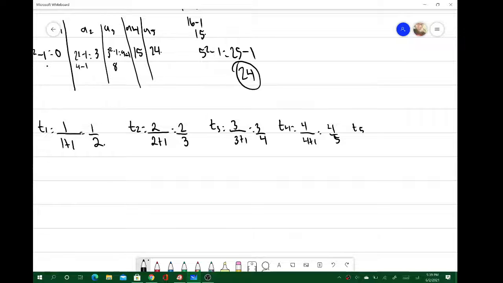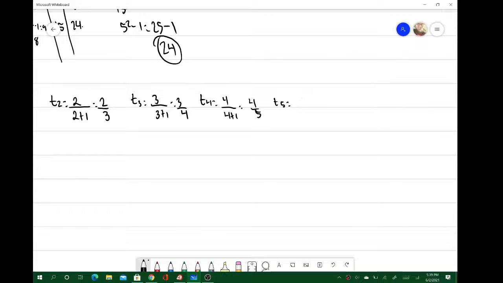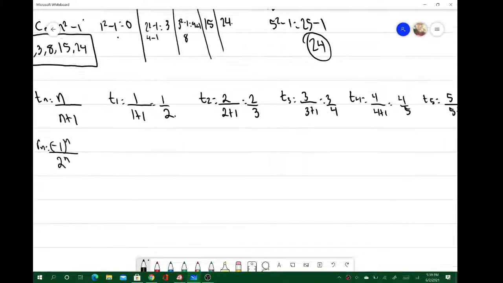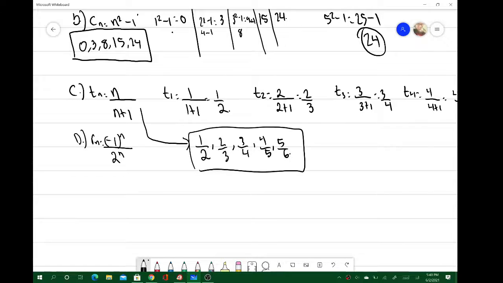And then t sub 5 is equal to 5 over 5 plus 1, which is 5 over 6, okay? So the first 5 terms are as follows: 1/2, 2/3, 3/4, 4/5, and 5 over 6. And this would be your answer.